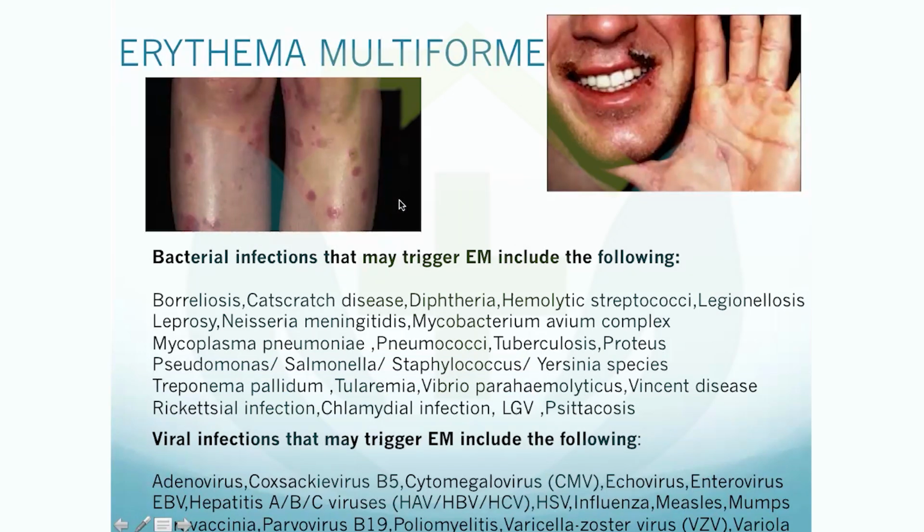Now, erythema multiforme can be because of bacterial infection; actually, 50% of cases are because of bacterial infections. It can be viral as well. Apart from infection, it can be associated with collagen vascular disease. There can be malignancy. It can be drug-induced. So it is important to look for the cause, and if you can identify it, you can treat the patient accordingly.